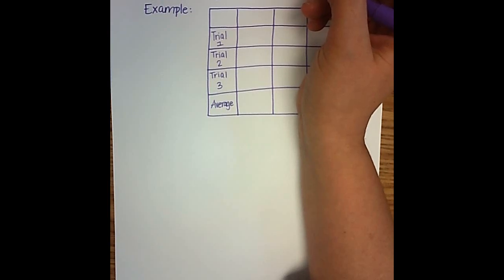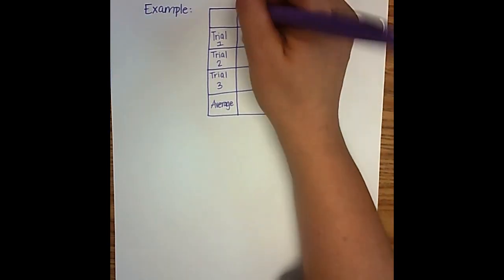Then my hypothesis would be, if daisies are given different amounts of water, then daisies need 1 cup of water for height to increase.